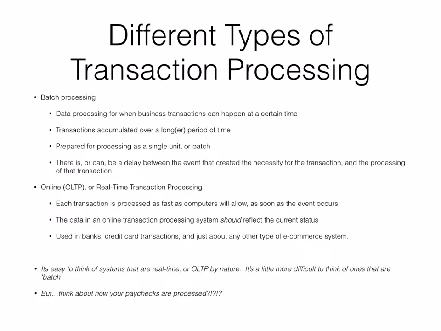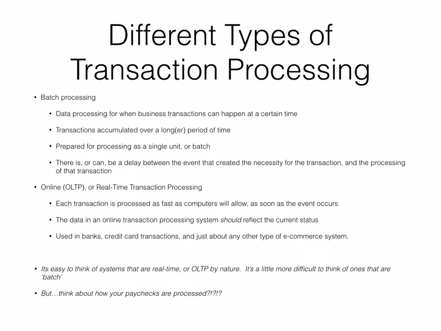The other thing you want to know is that there are two different types of transaction processing. There's batch processing, for when business transactions can happen at a certain time. They're accumulated over a larger period of time and prepared for processing as a single unit or batch.